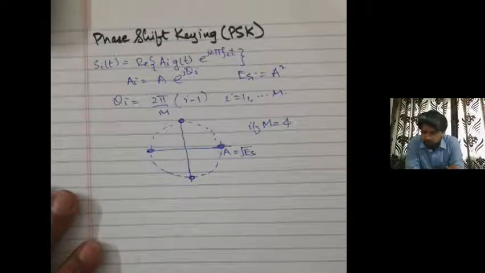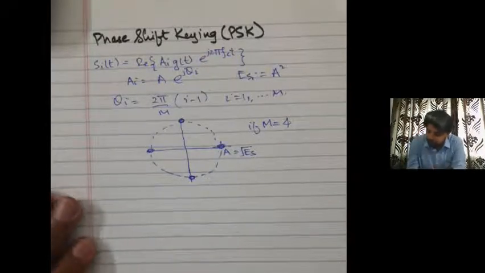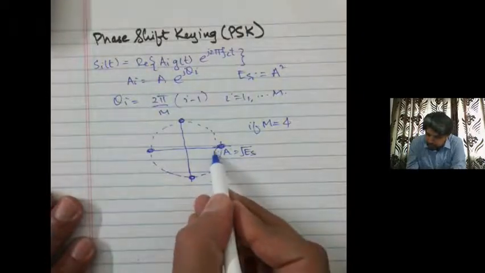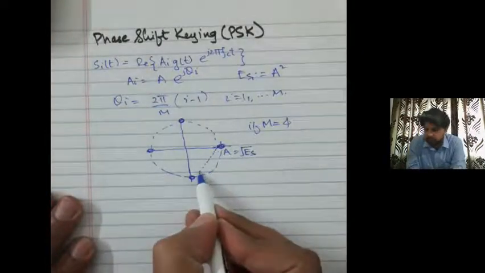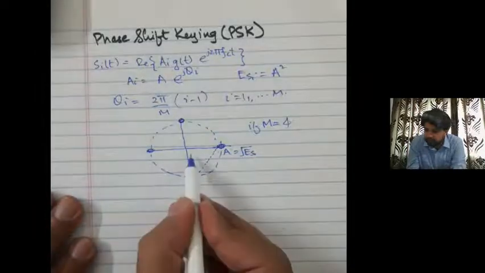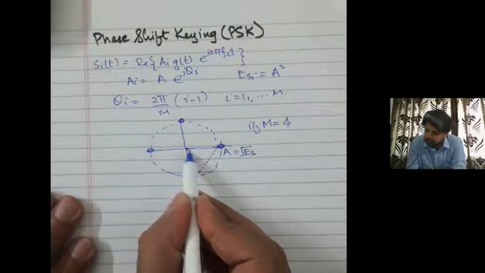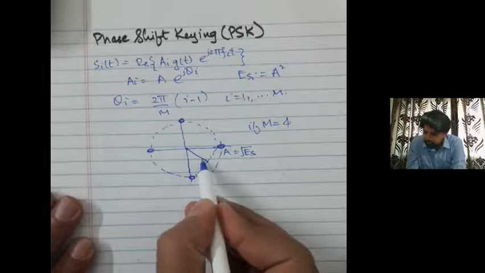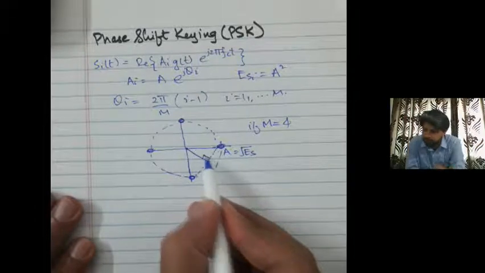Now if you want to compute the minimum distance, remember, you can connect these two here like this and draw a perpendicular, and this would be 90 degrees, your right angle.